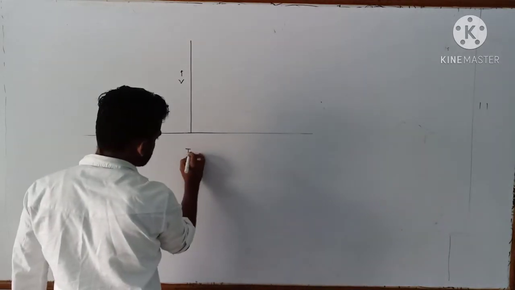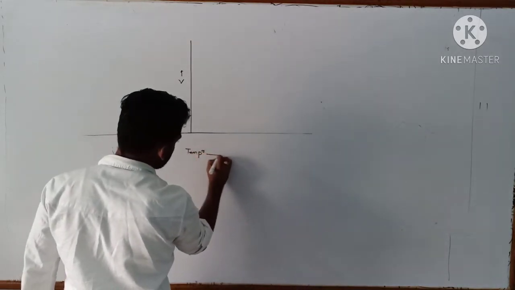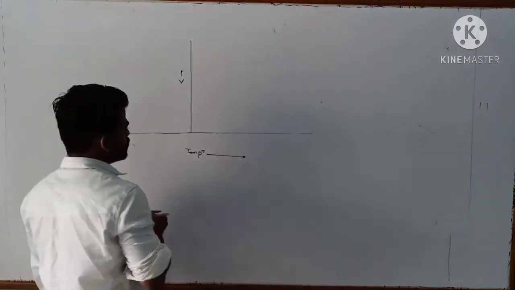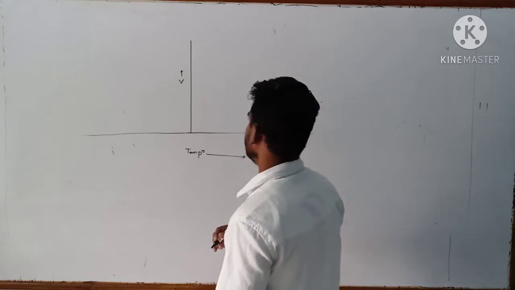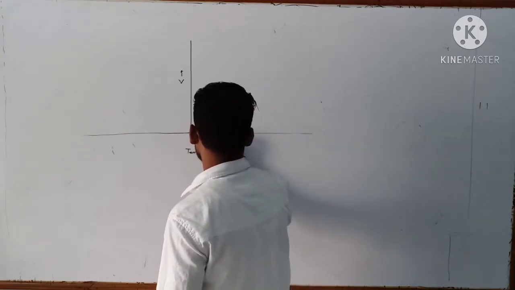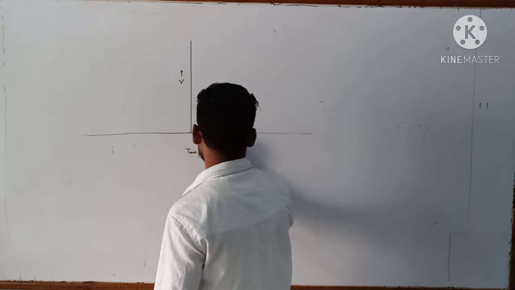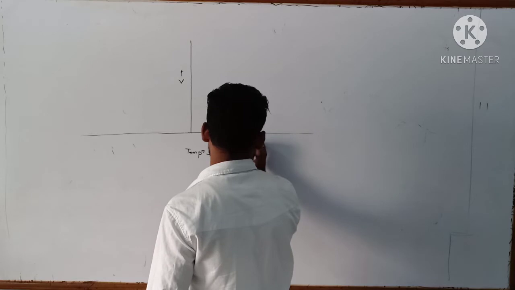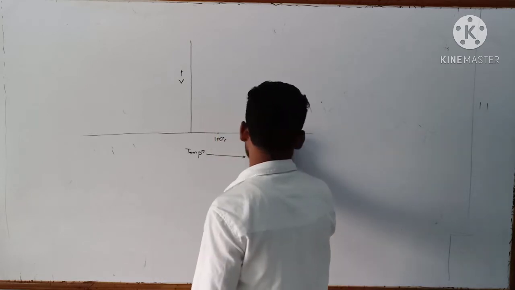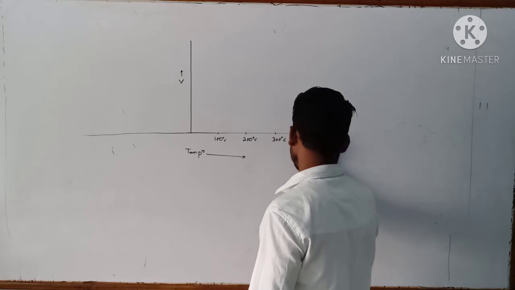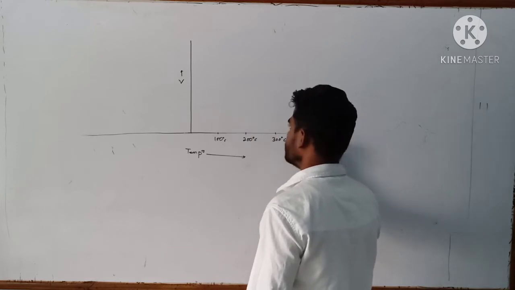Suppose I need to do the graph between volume and temperature, and let's say this one is 100 degree centigrade, this one 200, this one 300, and this one 400 degree centigrade.